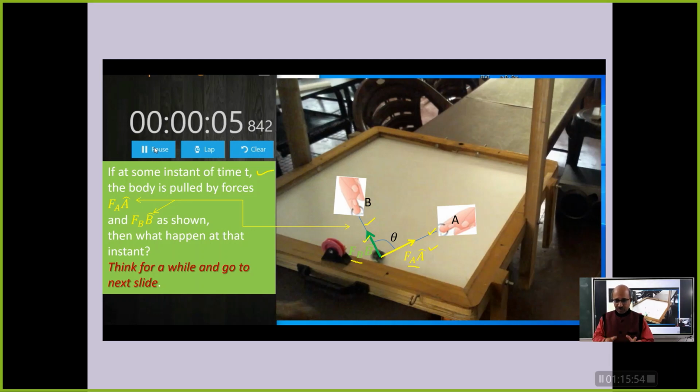It experiences the combined force. Combined effect of the two forces. Got it? See, this body will neither move towards this nor move towards this. It will experience the combined effect. Or nothing but you just have to vectorially add these two forces. Got it?